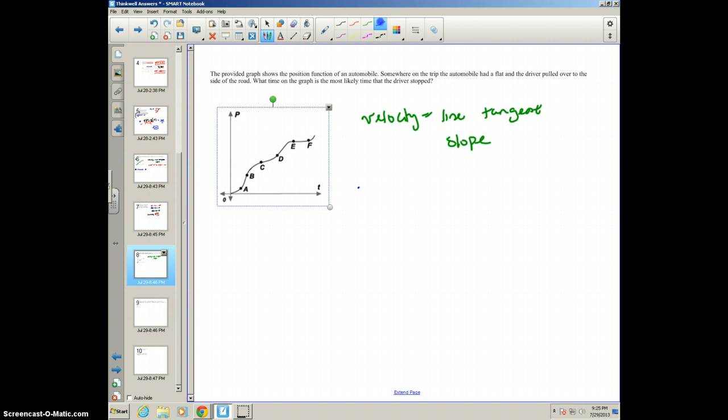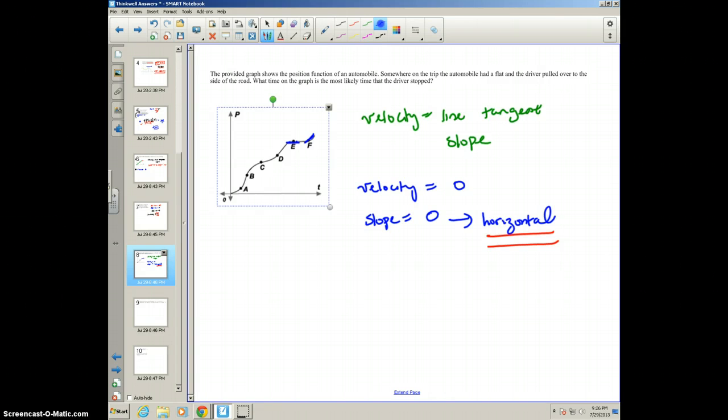Basically, when the velocity equals 0, the slope equals 0. And in order to have a 0 slope, we must have a horizontal tangent line. So that is the key thing to remember, horizontal tangent line. So again, we just go through these and we see where the line is horizontal. At F, we see that it's not horizontal. At E, we see that we have a horizontal line.